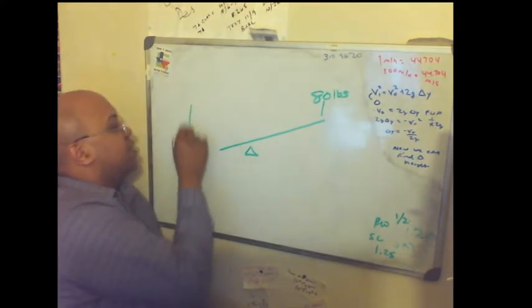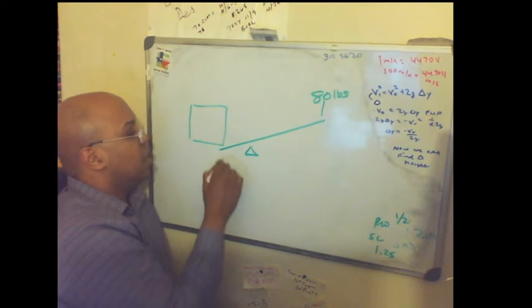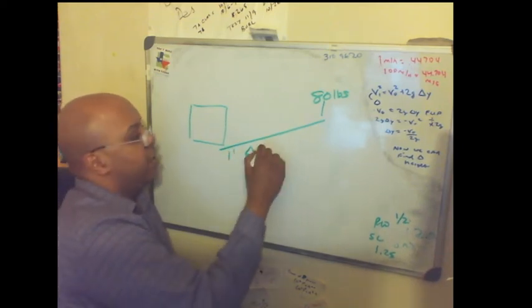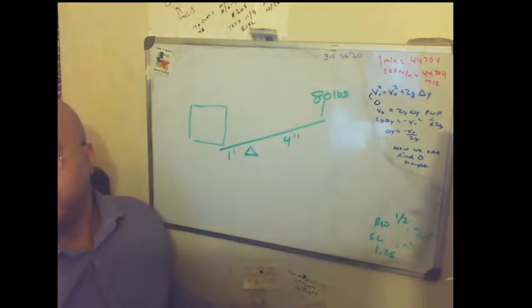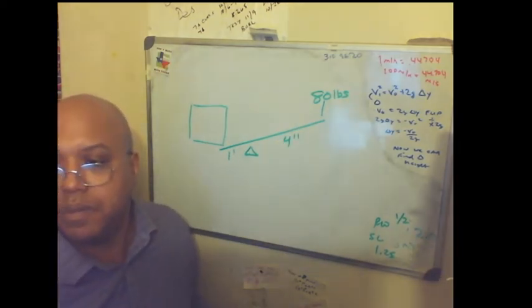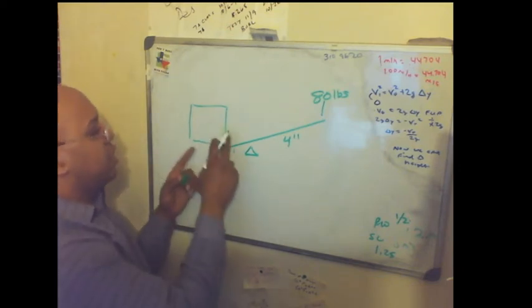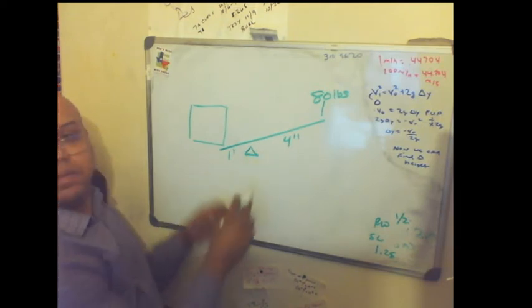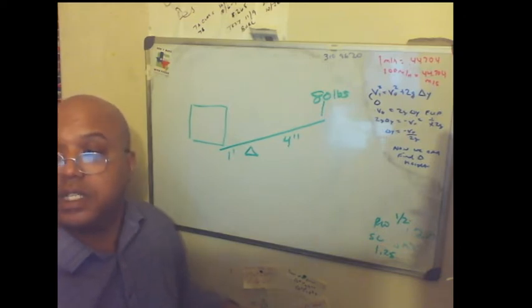And so we have some large object that we are trying to lift. There's 1 foot here, and there is 4 feet here. We want to know the force that this is going to create.